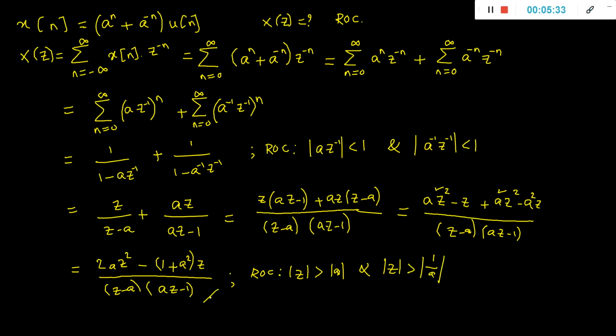So while this is the X of z expression, the final ROC is given by the maximum value out of these two. Please note, the actual value of a we don't know. That is why I'm going to write it as ROC comprising of mod of z greater than maximum of mod of a and mod of 1 by a. So this completes the answer.